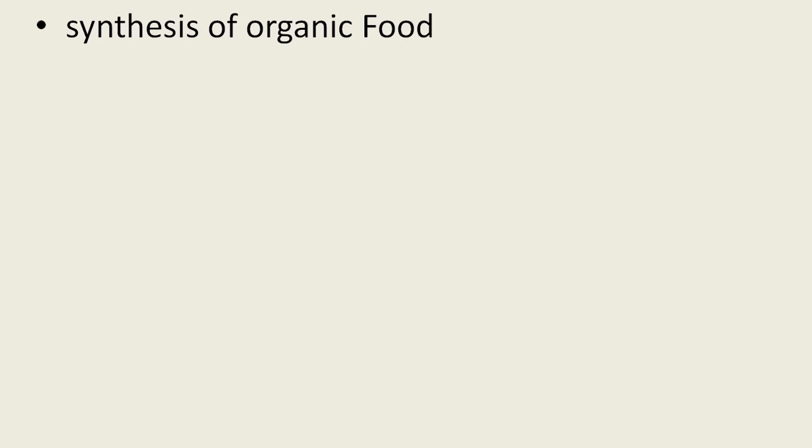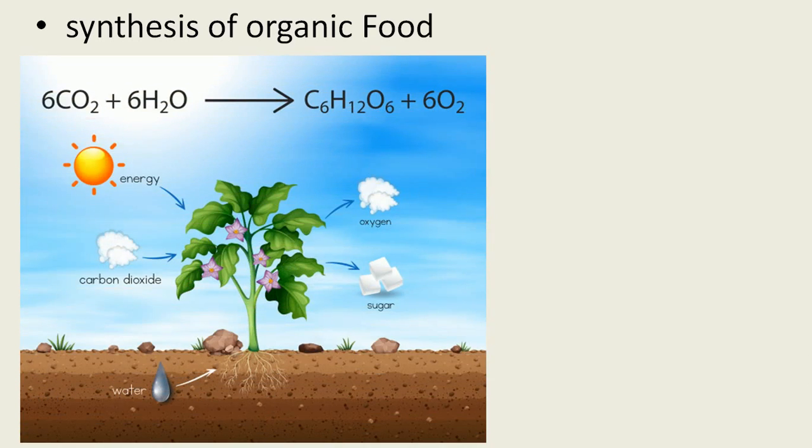They synthesize their own food materials. That means the chlorophyll pigment is present. And in the pictures it is observed that all plants take three things from nature. For example, water is taken from the root, then carbon dioxide from the environment, and energy from sunlight. These are taken by the leaf.